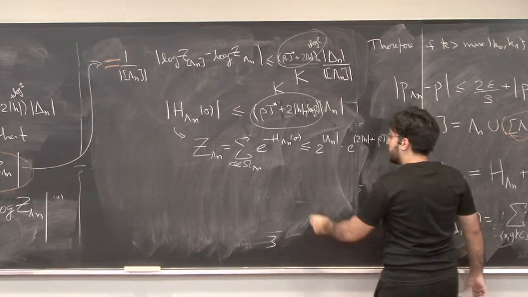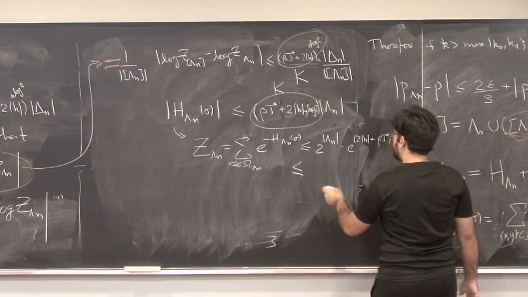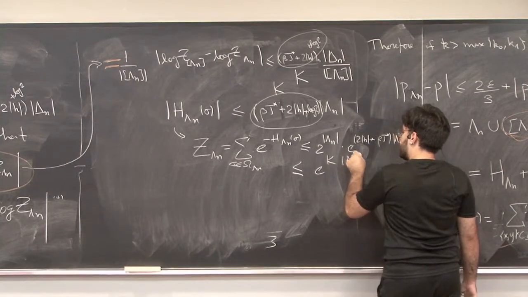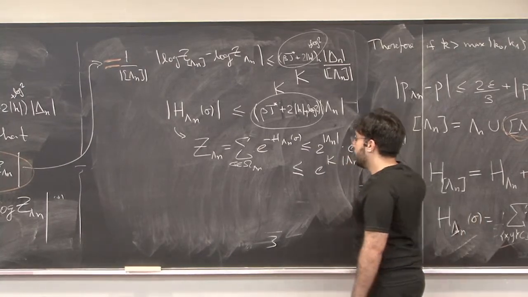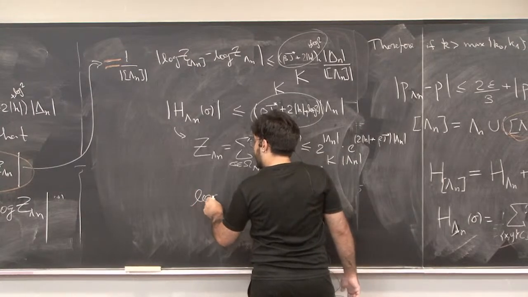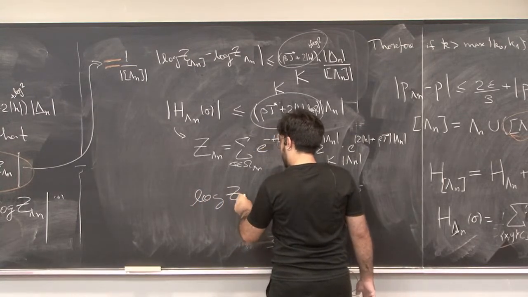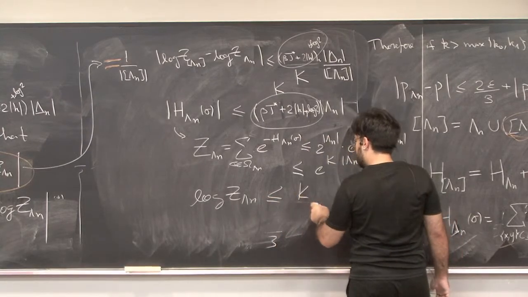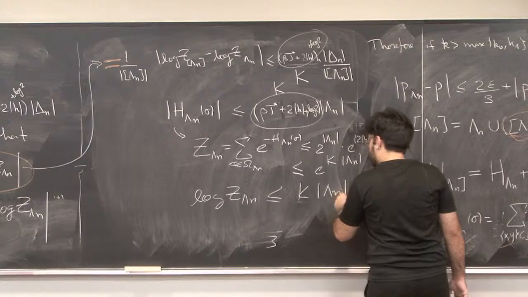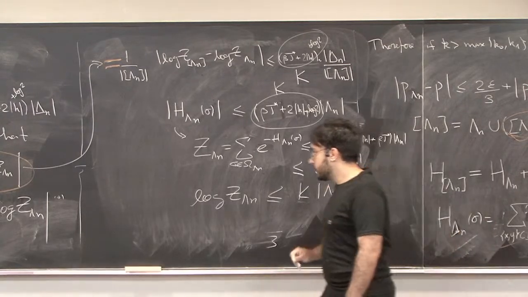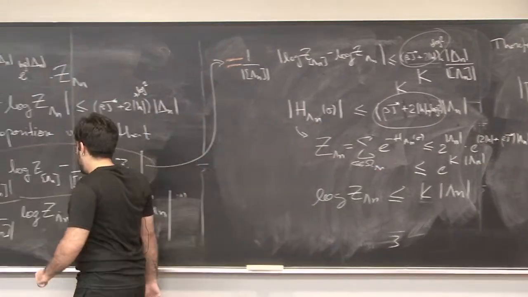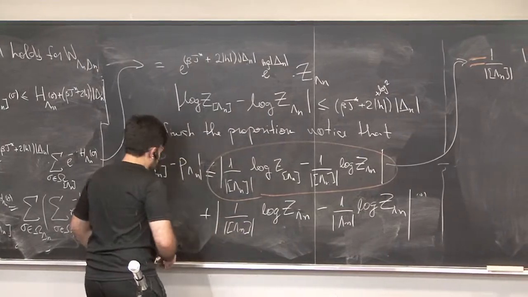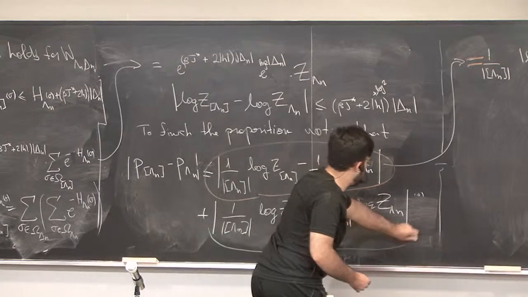And again, this will be less than exponential of K times the size of lambda n. So if I take the logarithm of the partition function, I have this inequality here. This will be less than K times the size of the set. So why do I need this? Because now I have this other term right here that I will put in green.